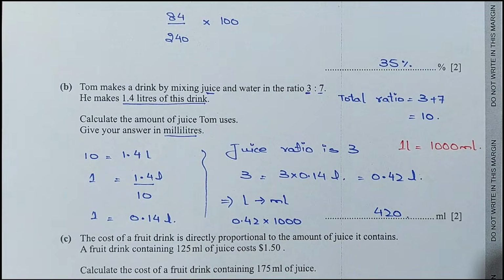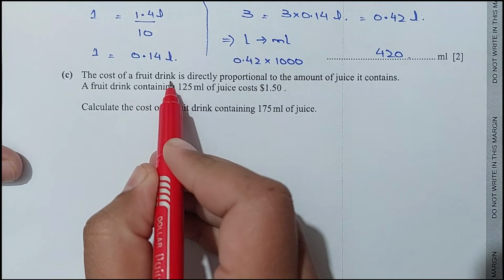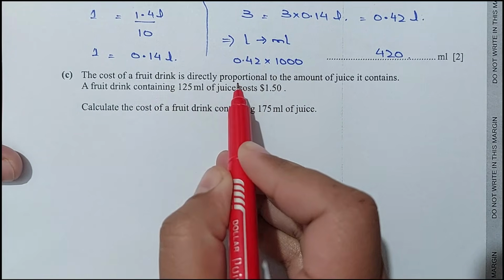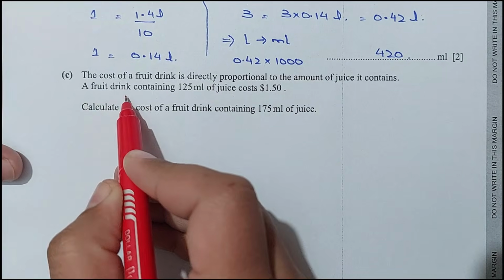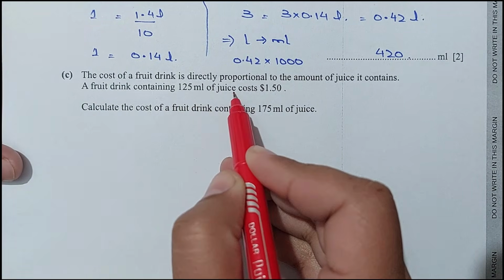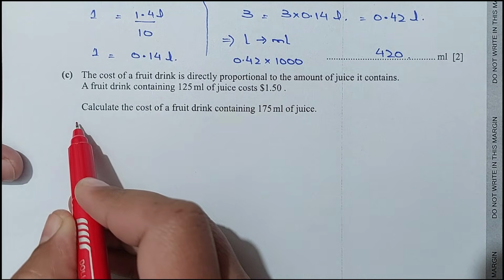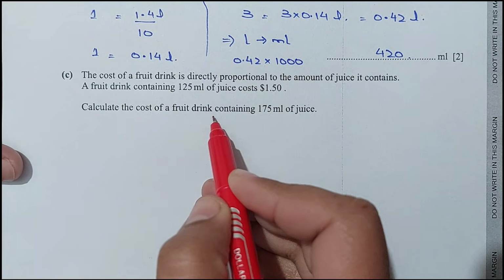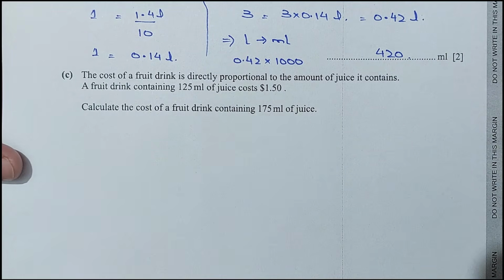All right. Moving to part C, the cost of a fruit drink is directly proportional to the amount of juice it contains. A fruit drink containing 125 milliliters of juice costs $1.50. Calculate the cost of the fruit drink containing 175 milliliters of juice.